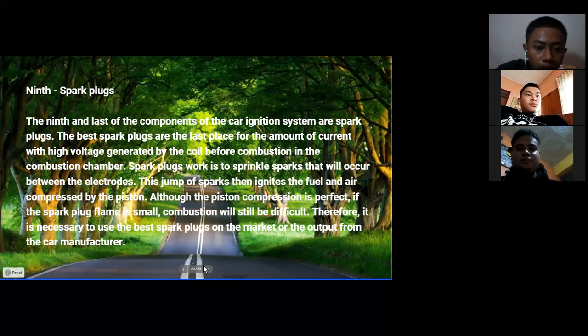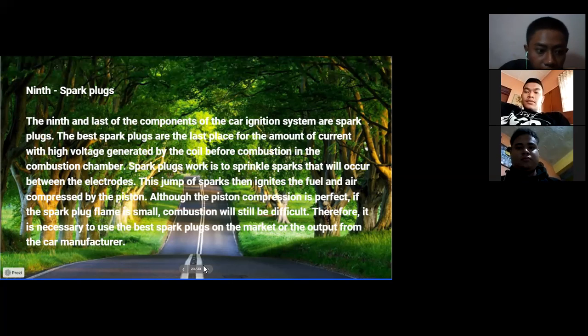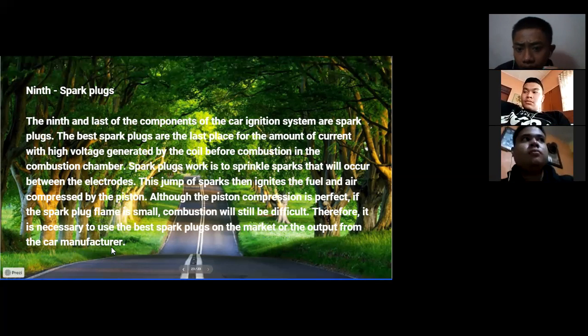The spark jumps, then ignition, the fuel and air compressed by the piston. Although the piston compression is perfect, if the spark plug flame is small, combustion will still be difficult. Therefore, it is necessary to use the best spark plug on the market or the one from the car manufacturer.